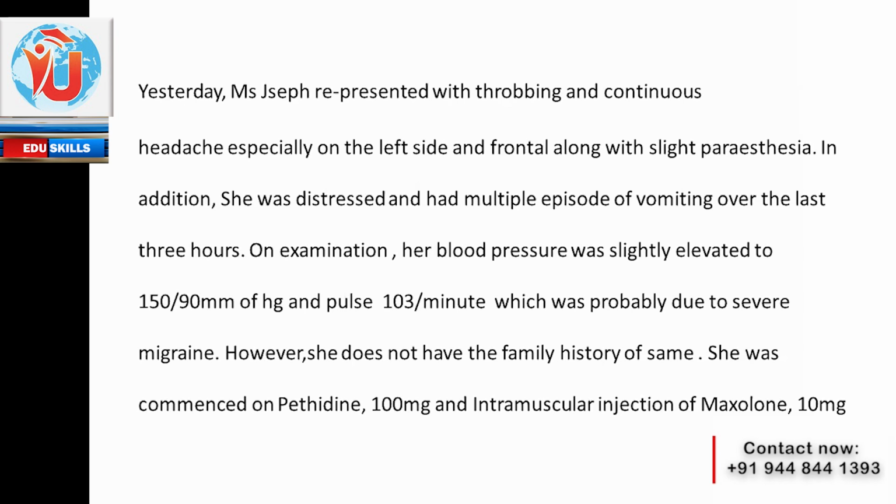They said it is due to tension or a dilemma. But here they are talking about migraine, so better to add it here. Even though they are suspecting severe migraine, she does not have any family history of same. We need to tell them that she doesn't have any family history, so there is less chance of migraine.